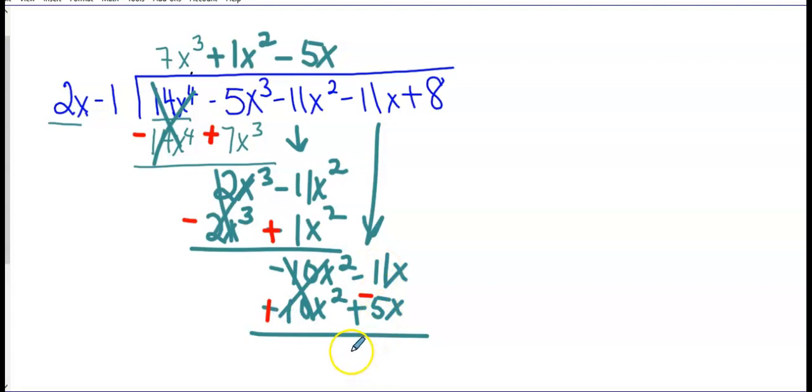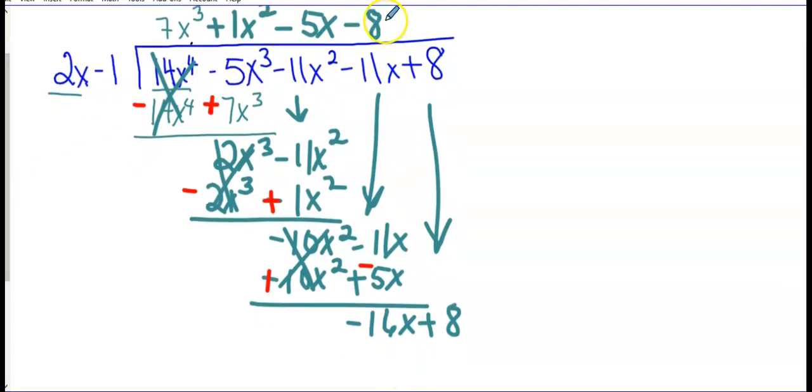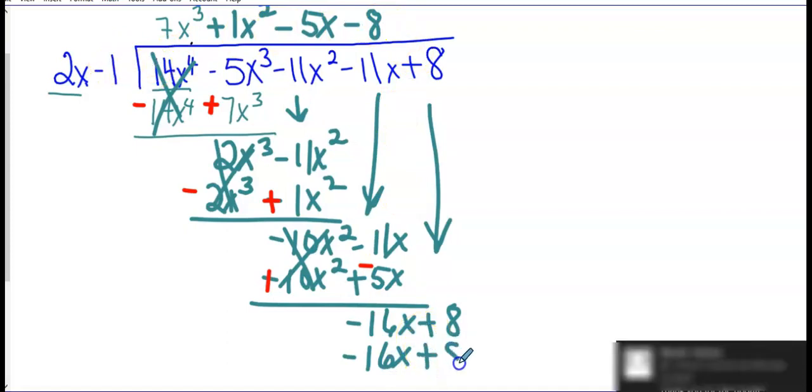When I add these two together, I get negative 16x. Bring down the plus 8. Okay, 2x divides into negative 16x, negative 8 times. So I can move this down a little bit further. Negative 8 times 2x, negative 16x. Negative 8 times negative 1 is positive 8.